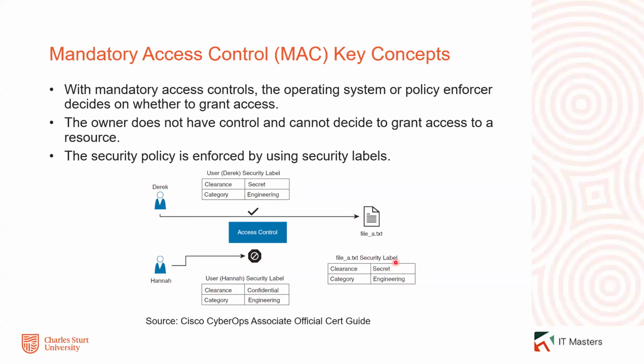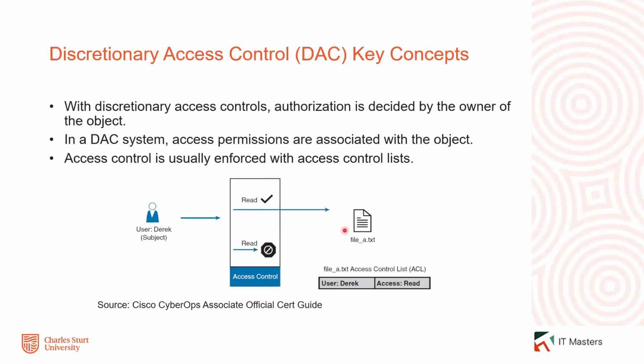If, however, an administrator was to go and change the clearance level to top secret, then Derek would also no longer have access to that file, regardless of the fact that he might be the actual owner. The administrator or custodian has changed the access, and so it then blocks the owner from getting access to it. Whereas in discretionary access, the owner has complete access over that particular file and can do as he freely wants to do.